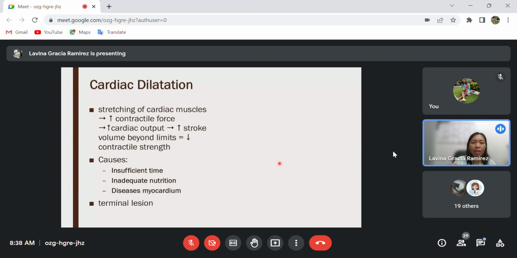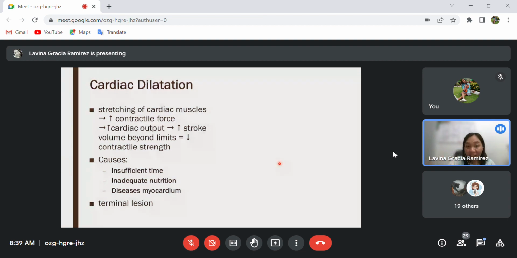Yung sinasabing beyond limit is from the normal one. Kasi in the compensatory mechanism, we are establishing a new what? We are establishing a new homeostasis. That new homeostasis is now the standard of the heart.